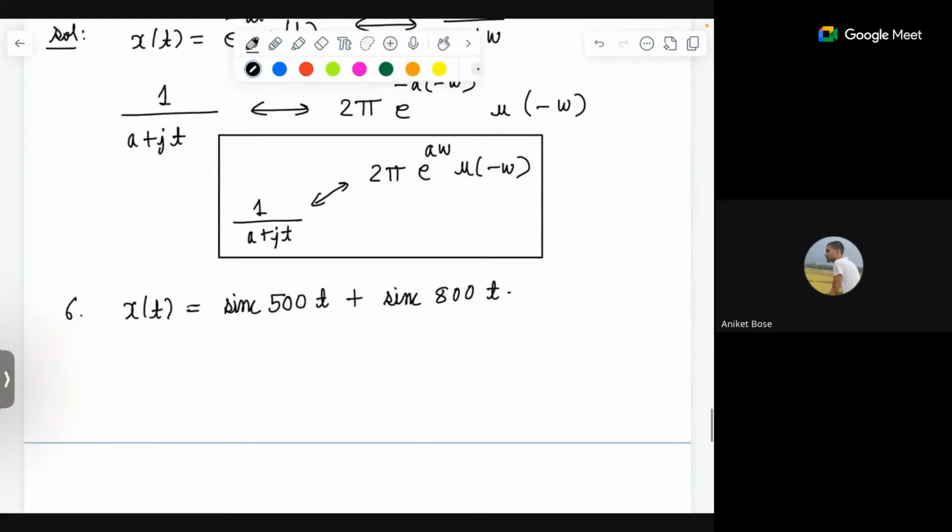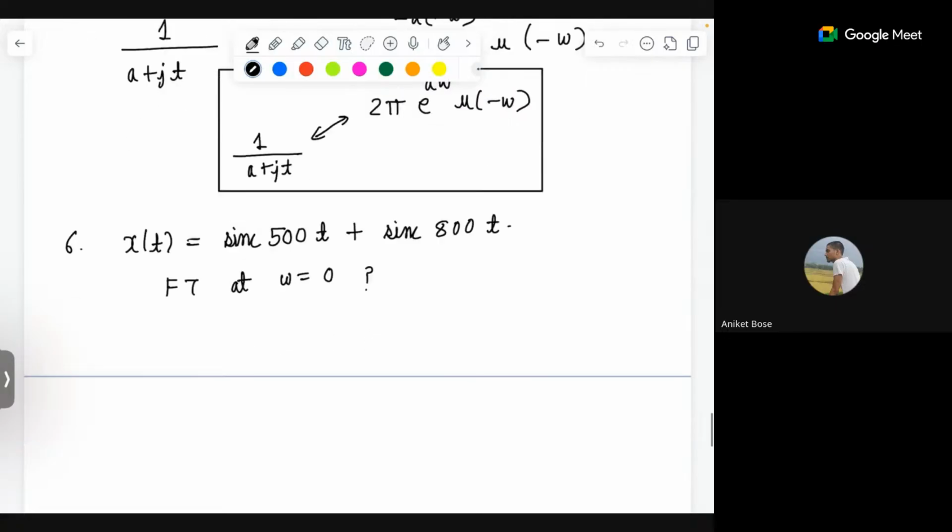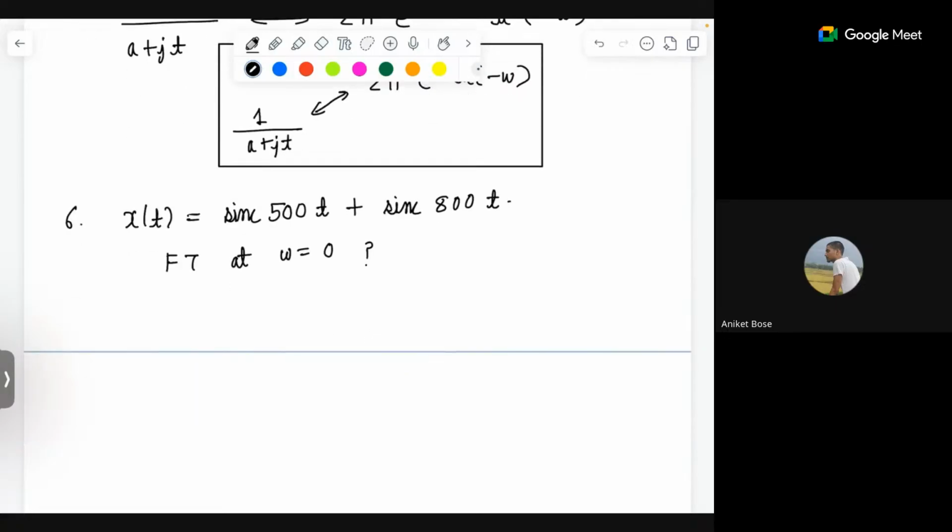You have to tell me the value of the Fourier transform at omega equal to 0. Is the question clear? Yes, ma'am.